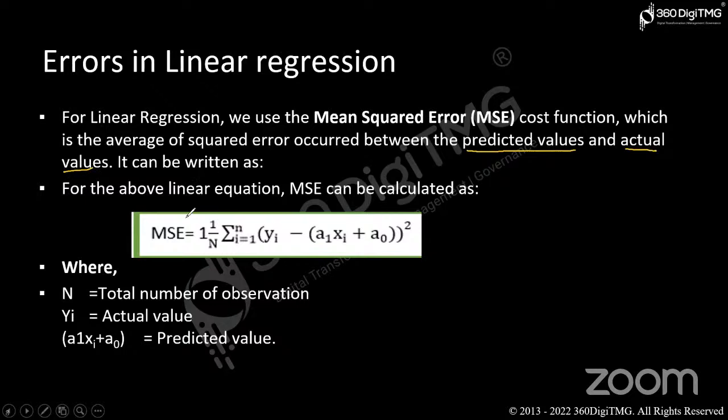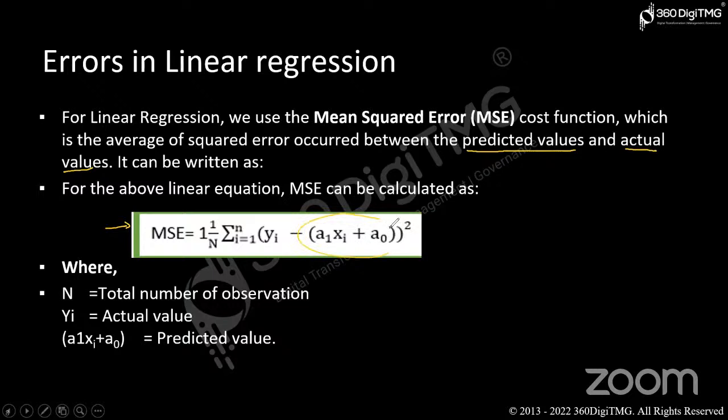And this can be written as MSE equals 1 by n, sigma from i equals 1 to n, of (yi minus (a1 xi plus a0)) squared. This is the form, where n is the total number of observations you are having, yi is your actual value, and a1 xi plus a0 is nothing but the predicted value.